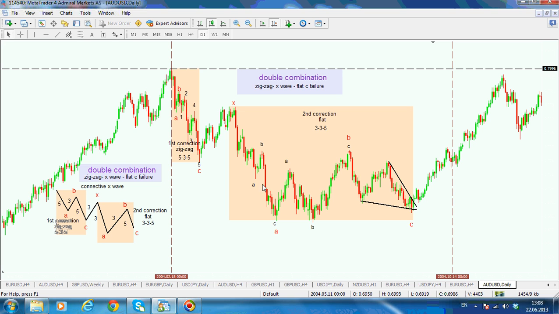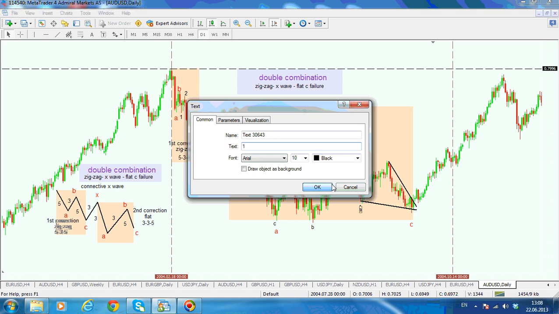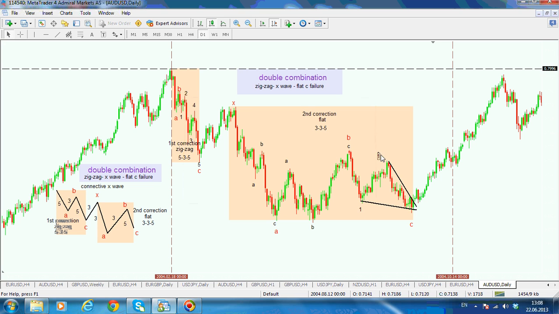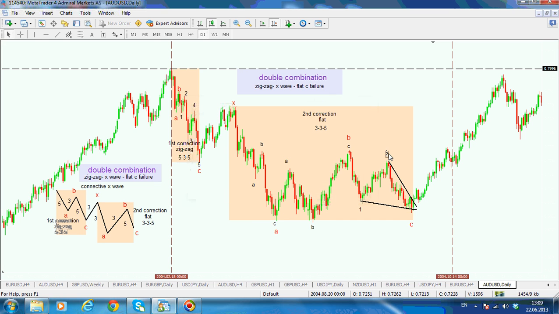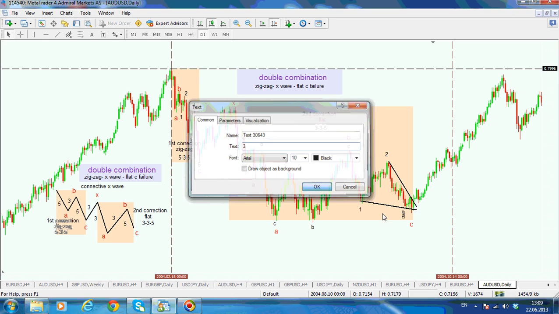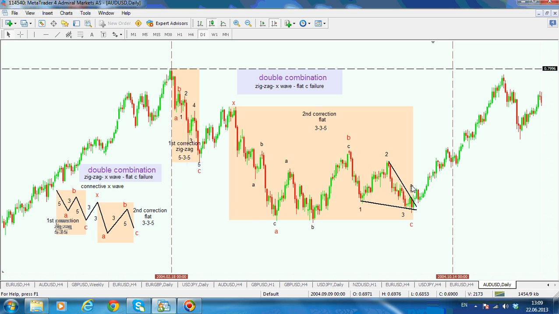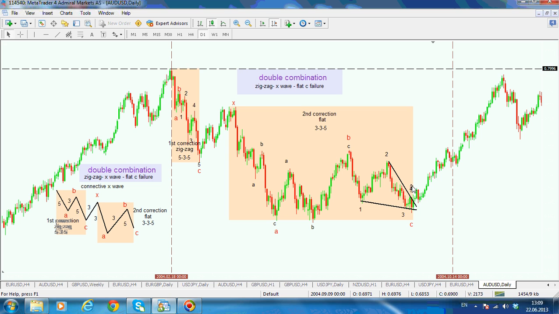And basically this is the first wave, 1 and 2, and 3, so 1, 2, 3, 4, and 5.